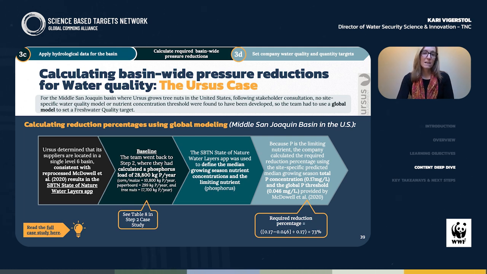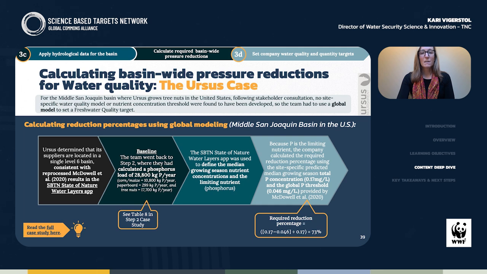The SBTN State of Nature Water Layers app was used to define the median growing season nutrient concentrations and the limiting nutrient. The limiting nutrient for McDowell in the app for the Middle San Joaquin Basin is phosphorus, such that no reductions were required for nitrogen.